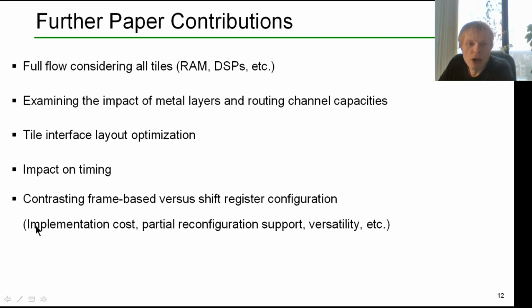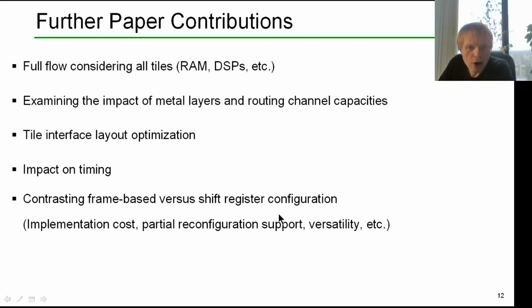A brief summary on that one is that frame-based configuration is always winning, as it's cheaper to implement. It's the only way to really implement partial reconfiguration. Yes, there are some people doing shift register configuration, or basically every other open source project on FPGAs does shift register configuration, and they claim that they can bypass shift register chains to do partial reconfiguration, but that has a lot of limitations and will fundamentally not work.